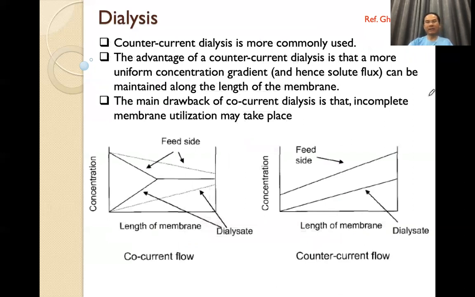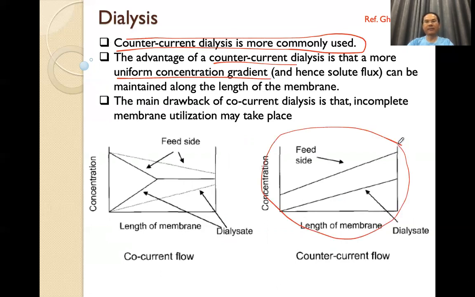Mostly in operation, countercurrent dialysis is the most common and optimum operation. The advantage of countercurrent is a more uniform concentration gradient, like this, which can be maintained along the length. For countercurrent, if you plot concentration against length, the feed side concentration drops, while the product side concentration increases and the dialysate concentration drops, depending on the concentration.